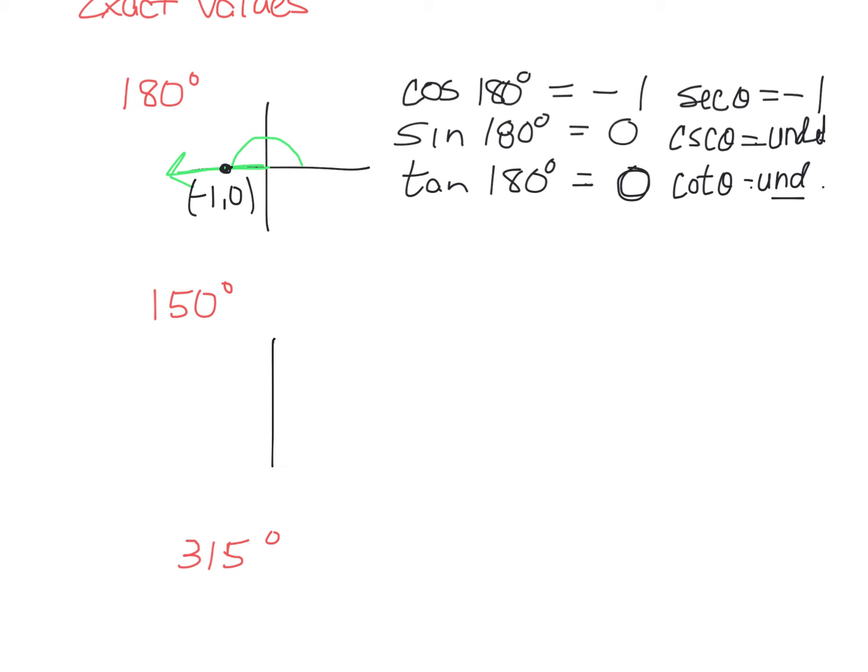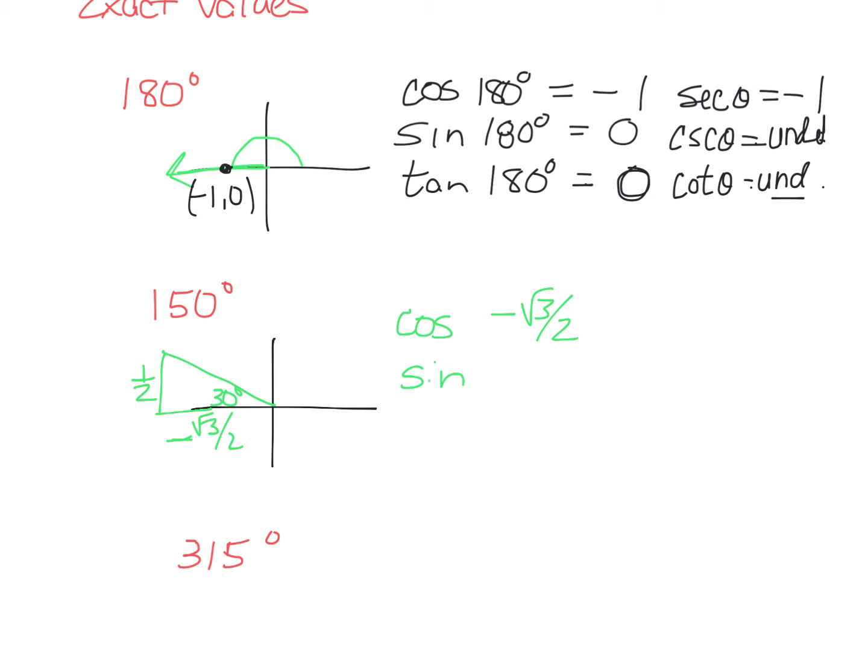150-degree angle. So 150-degree angle would be in this position, where this angle would be 30 degrees, which makes this a half. And then the other side, opposite the 60, would be √3 over 2. And this would be negative because I'm going left. So now I'm not going to write 150 again, but the cosine of this angle, the cosine of 150 would be the x, -√3 over 2.